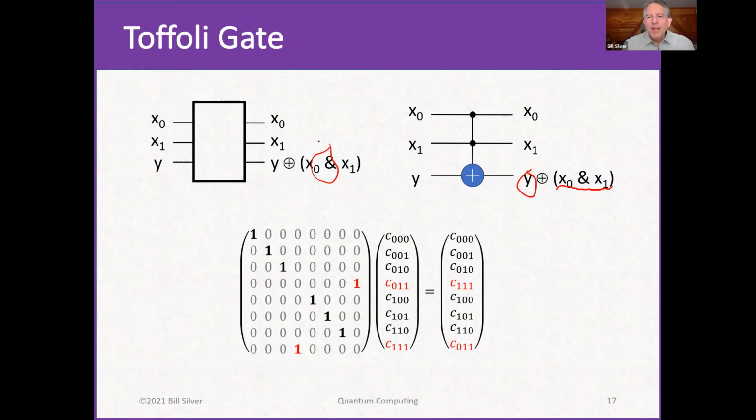If you want to make an AND gate in a quantum computer, you use this. It's called a Toffoli gate, after the guy who invented it, who was in that photograph that I showed on the first slide of the very first day, Tommaso Toffoli, colleague of Ed Fredkin. And he came up with this idea. And all the Toffoli gate does, which is what that exclusive OR gate does, is it swaps these two elements of the state vector. Right? That's what a Toffoli gate does. And we'll be using some of those in a minute.